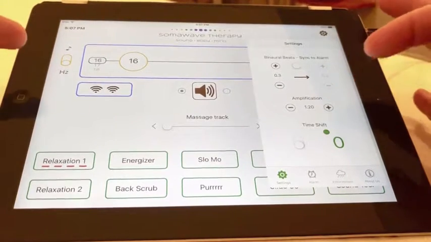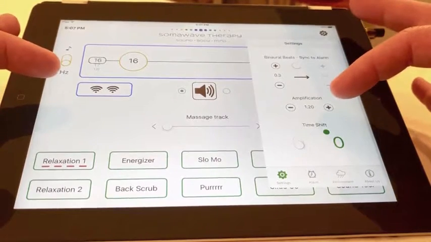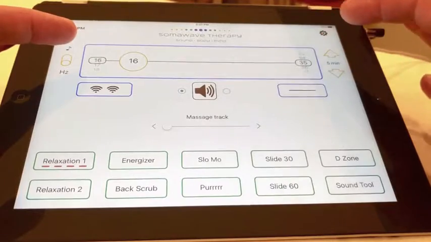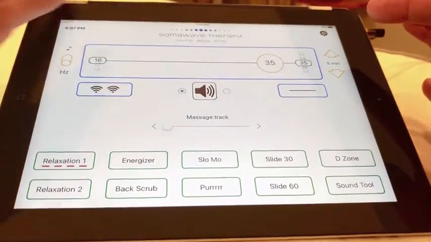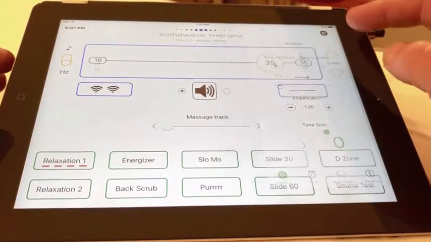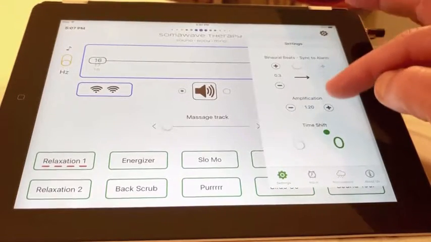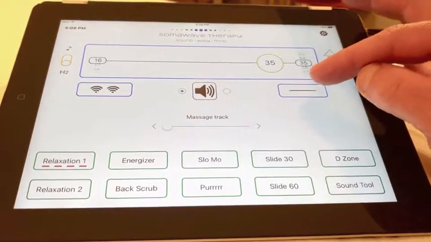You can get an interesting effect with higher volume or amplification when you get to these lower frequencies. And of course, a warning that when you start moving up to these higher frequencies, you won't need the amplification up so high. So anyway, binaural beats and amplification we talked about being the variables for manual mode.